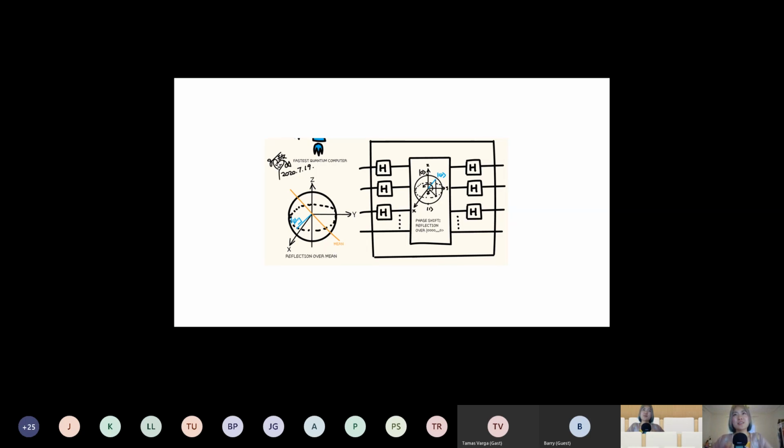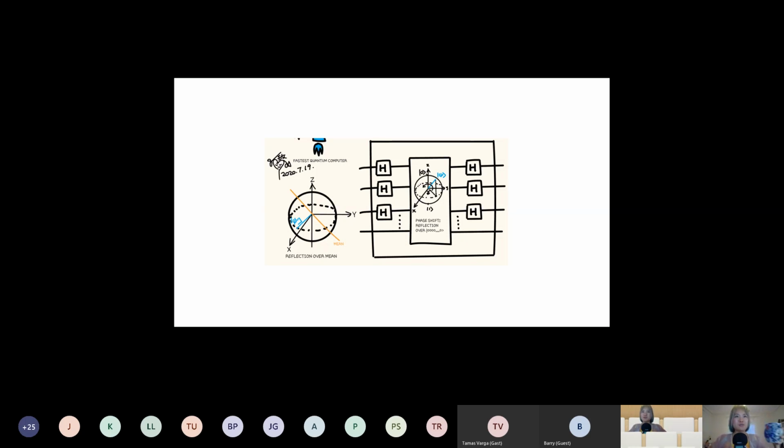But the truth is, it's just adding more states, and it's the same principle. You are flipping over all 0 states in this box. And then in this whole box here, you're flipping over all of the possibilities mean.